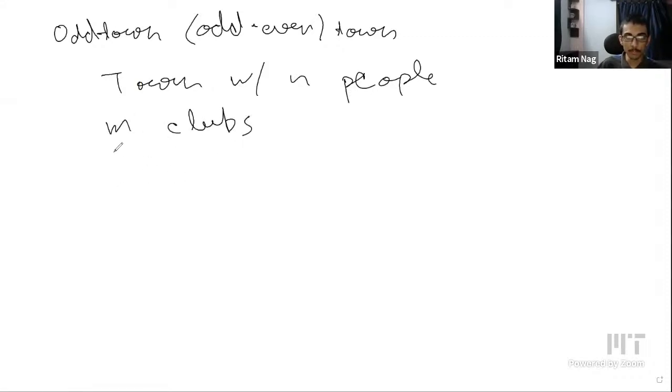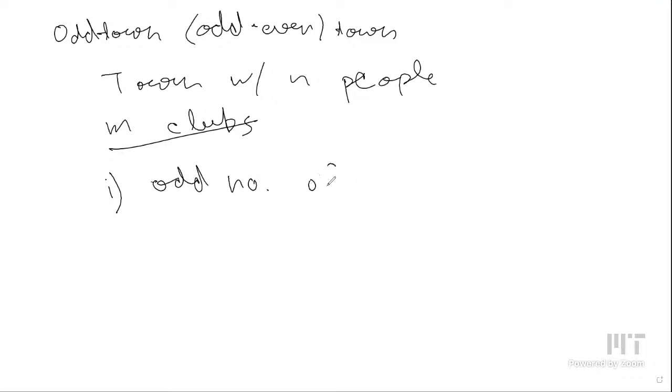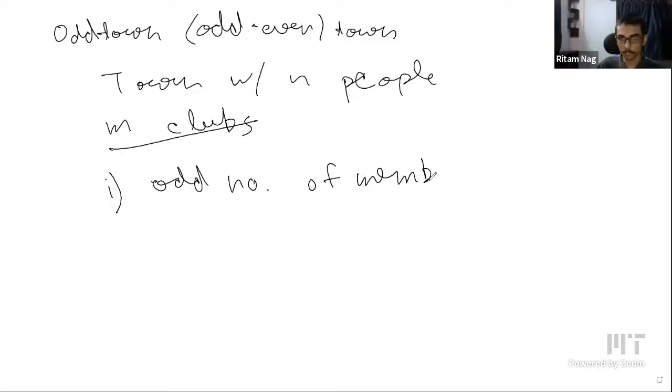But the clubs have some rules. These are two rules all clubs must satisfy. Each club may only have an odd number of members. N people, M clubs. There must be an odd number of members in each club.